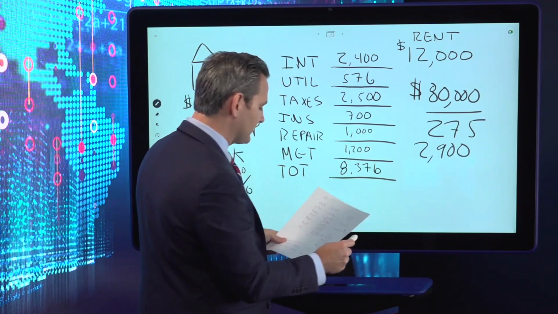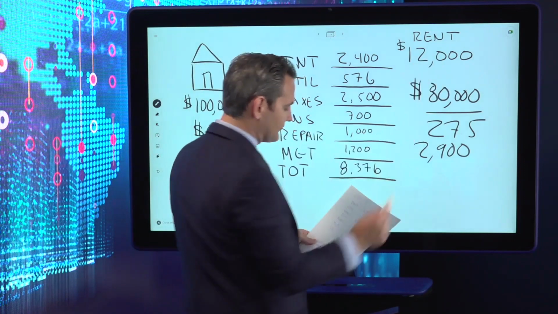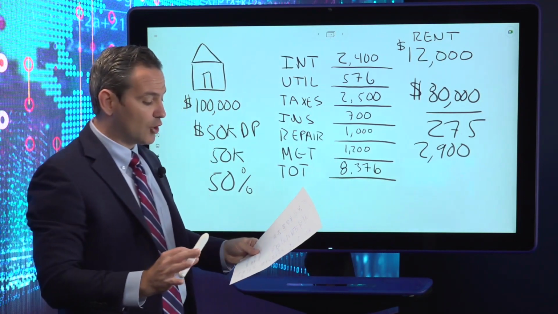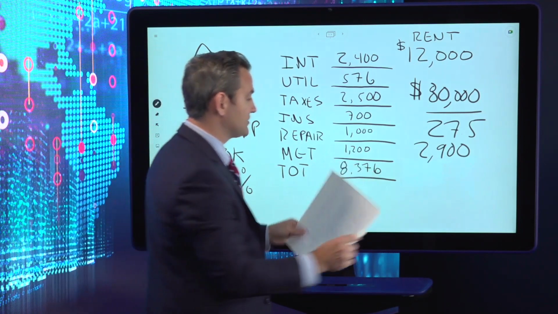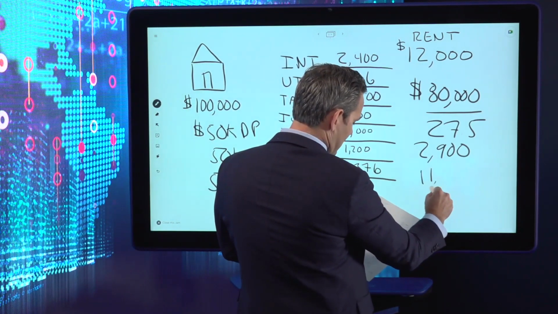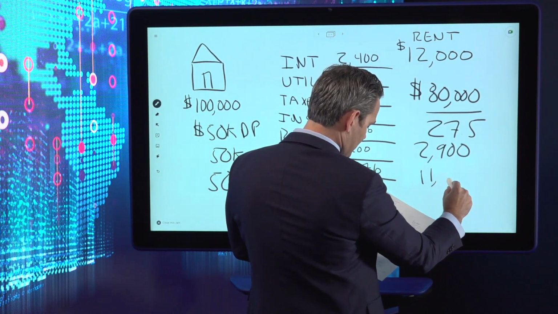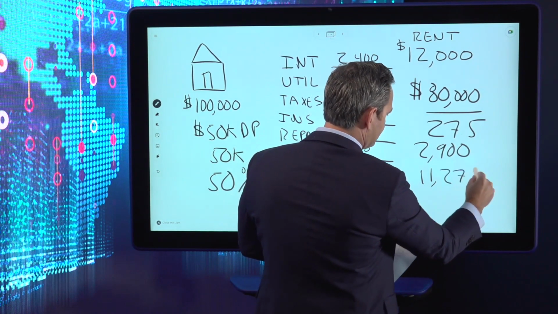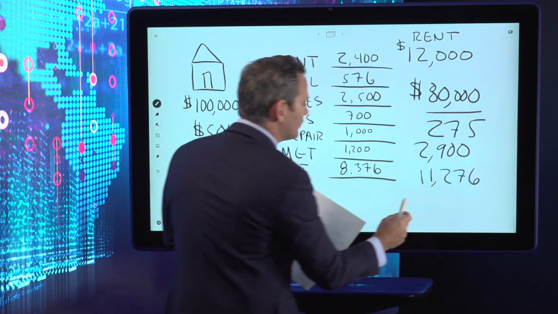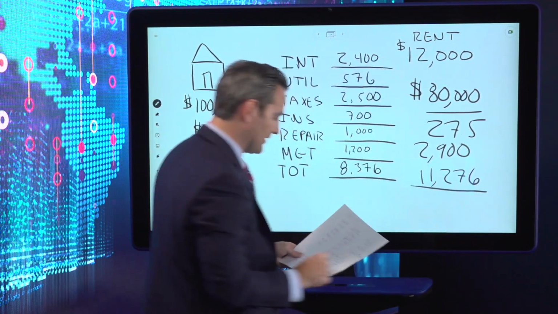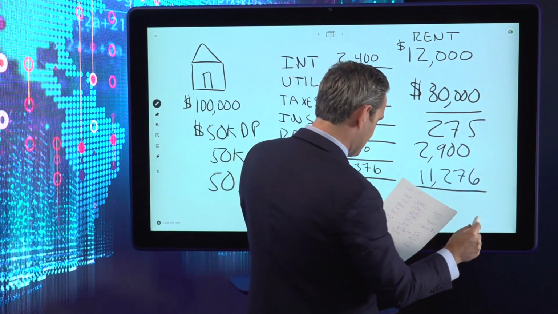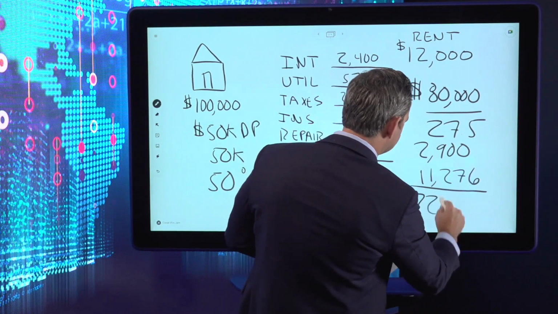So if we run our calculations here, we have $12,000 in gross rent, and then our total expenses, including depreciation, are going to come out to be $11,276. So that's going to leave us with a net gain. So our net gain is $724.